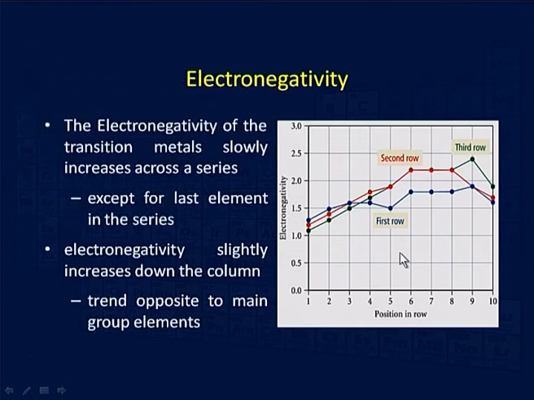The next important property is the electronegativity of the transition metal ion. The electronegativity of the transition metal ion slowly increases, as you can see, as we move from scandium to zinc, except for the last element in this series. Electronegativity slightly increases down the column, which is the opposite trend in these metal ions compared to the main group elements.